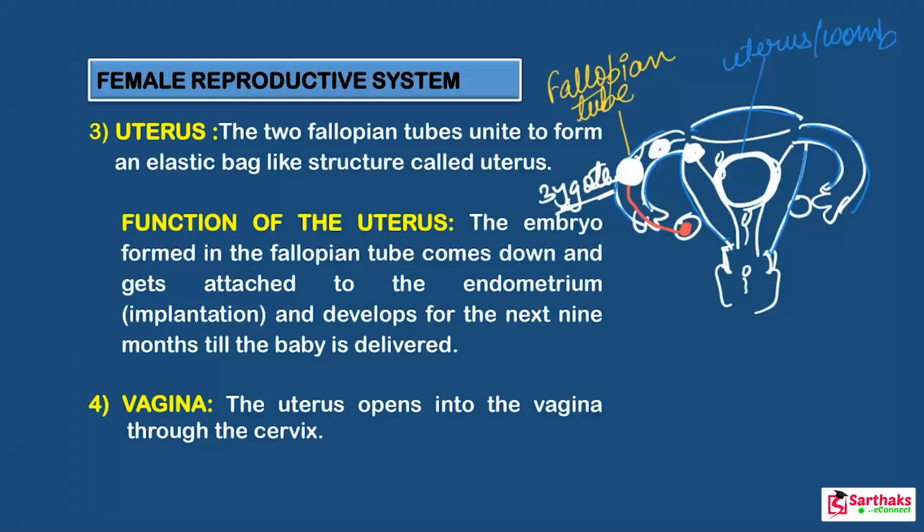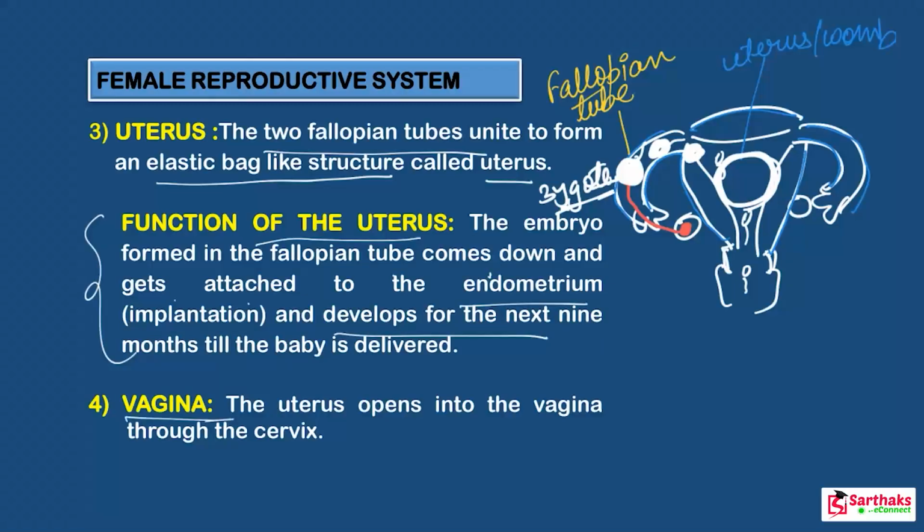First, let me explain the lines written here: the two fallopian tubes unite to form an elastic bag-like structure, the uterus. Now the function of the uterus: the embryo formed in the fallopian tube comes down, gets attached to the endometrium and develops. I will explain the next step later.